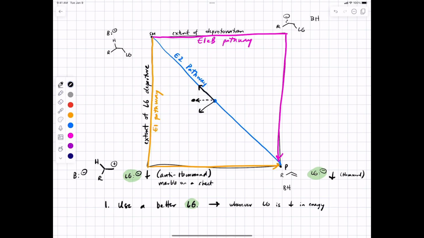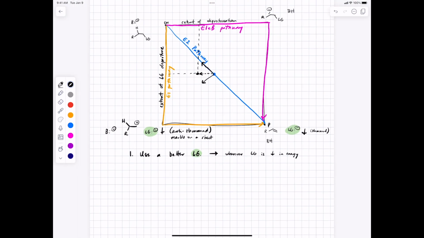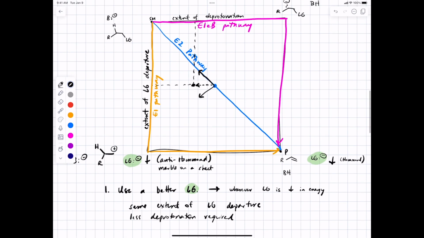Okay, and the new transition state, which we'll mark out with these dotted lines, has the same extent of leaving group departure, but less deprotonation necessary to get that much leaving group departure. That's a funny, counterintuitive conclusion.